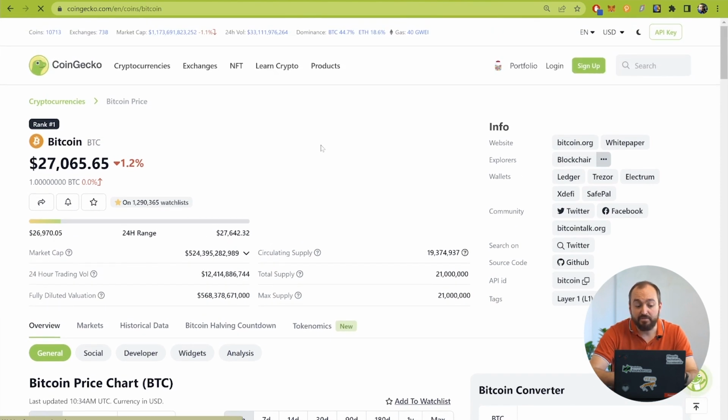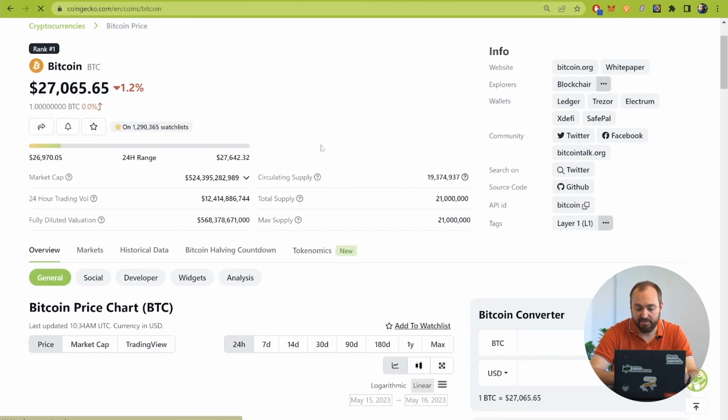Here we can see the price of Bitcoin right now and some additional information like market cap, circulating supply, 24-hour trading volume, total supply, maximum supply.